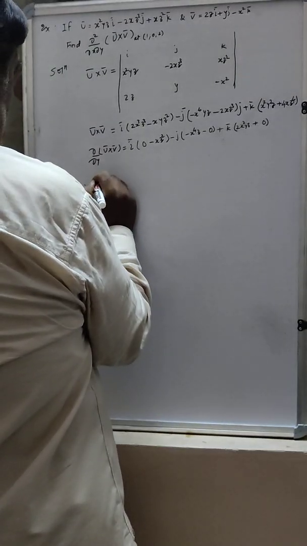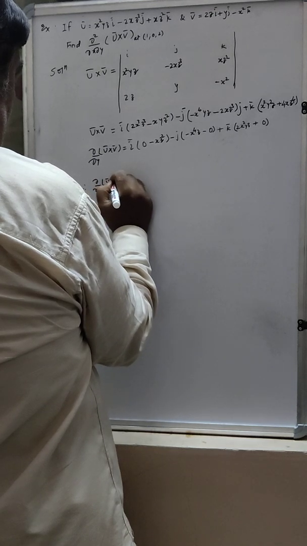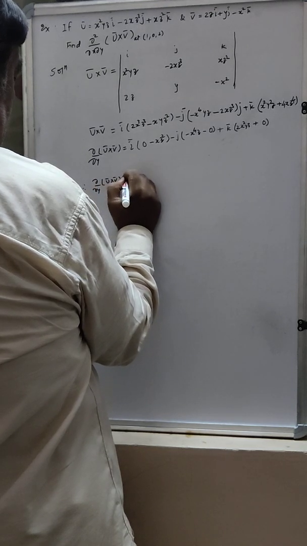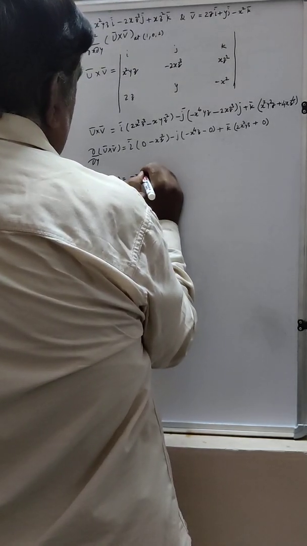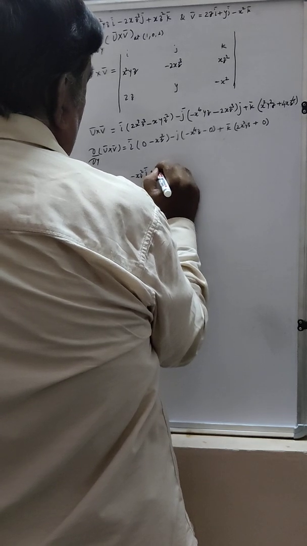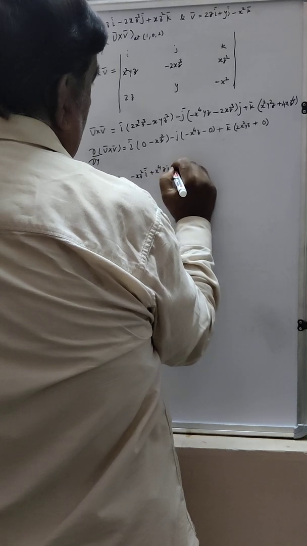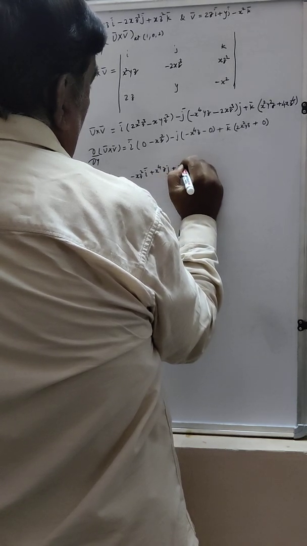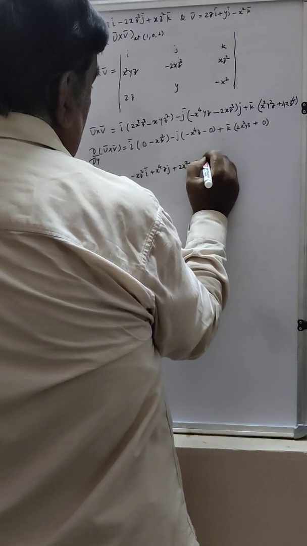Therefore, ∂ by ∂y of u vector cross v vector is equal to minus xz square i vector plus x raised to 4 z j vector plus 2x square yz k vector.